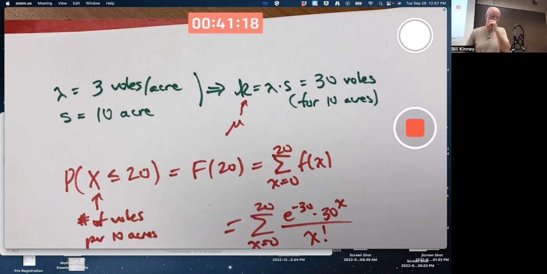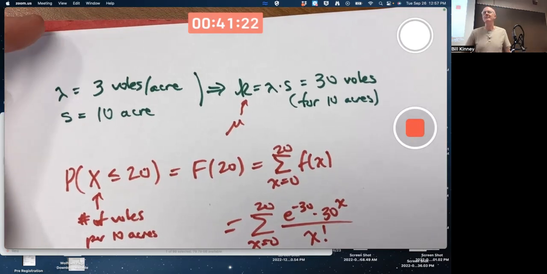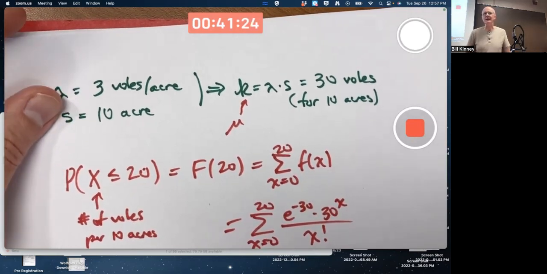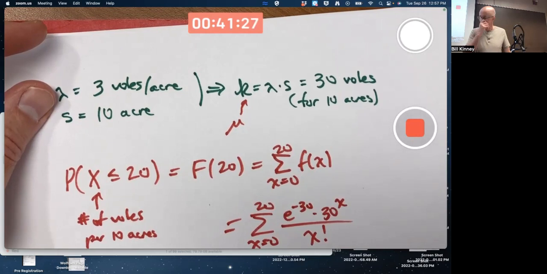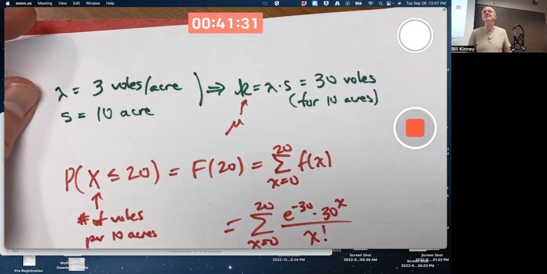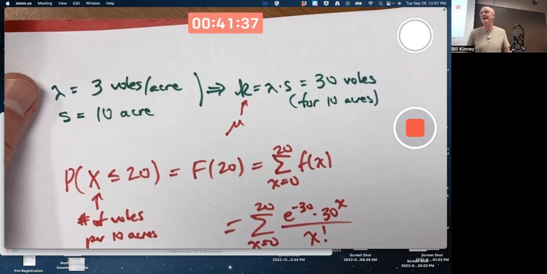Well, that might be a huge number, even if it's a very small concentration. Maybe we shouldn't use it in that situation. But if it was just, I don't know, 10 molecules per cubic meter, then maybe you could use it. So the Poisson distribution has quite a wide variety of applications.